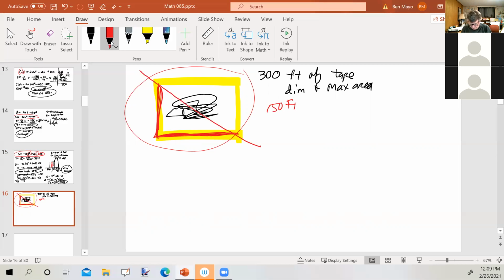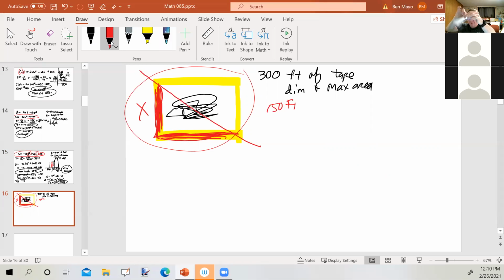Now, let's say that this represents two sides of the rectangle. This piece here and this piece here, okay? If that totals 150 feet, if I call this piece X, so this little piece here, okay?